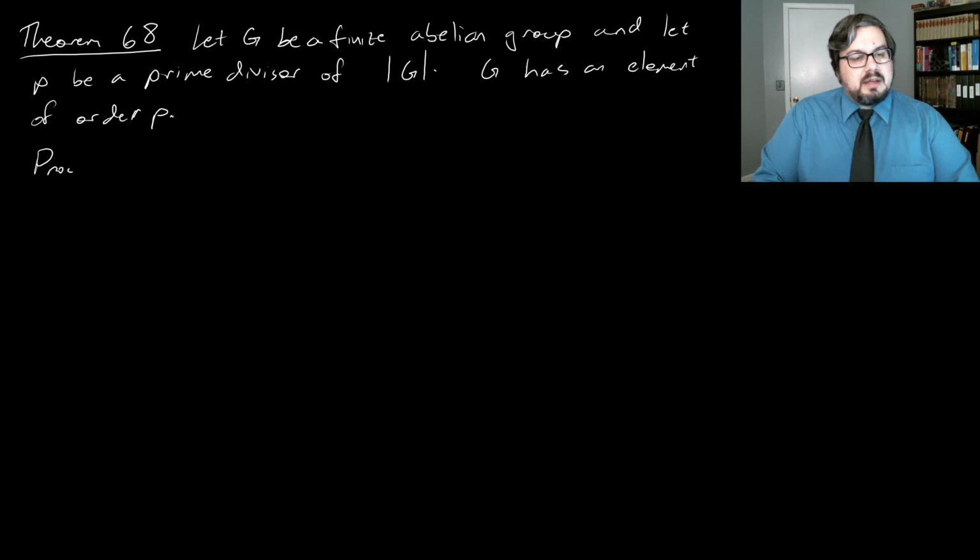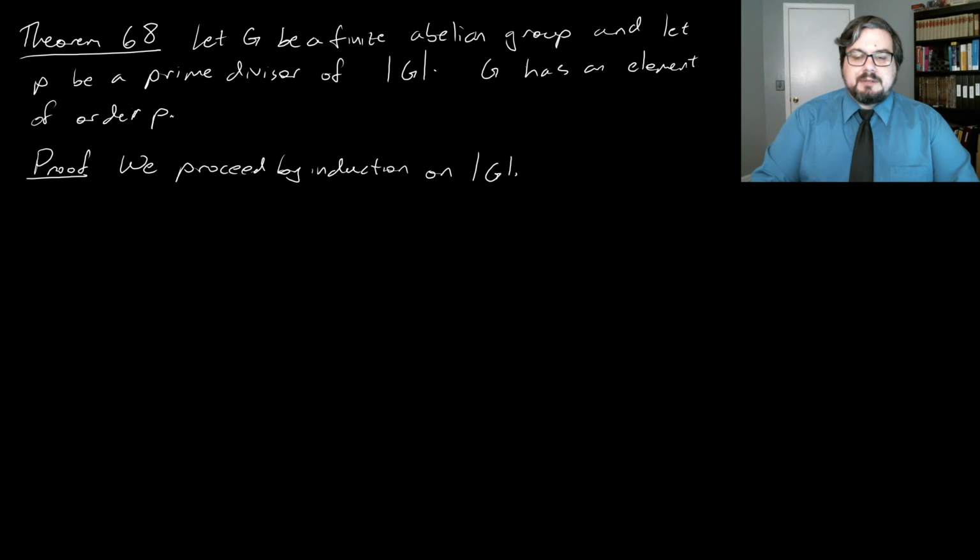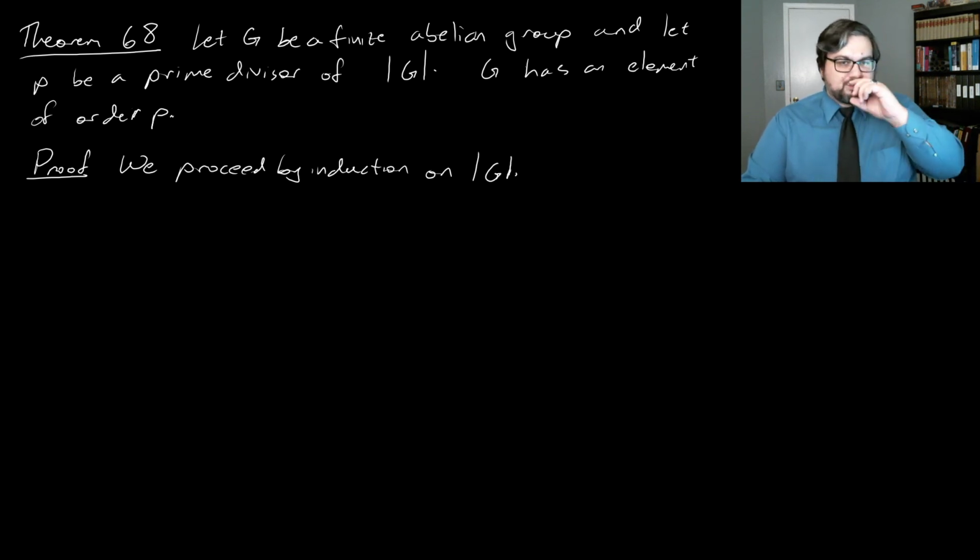So let's look at the proof. We proceed by induction on the order of G. So what's the base case here? The base case is actually the order of G being 2.